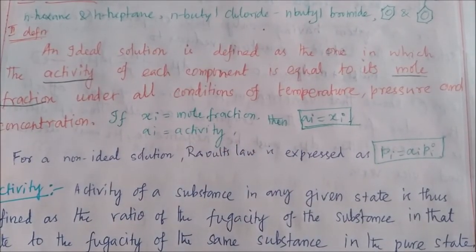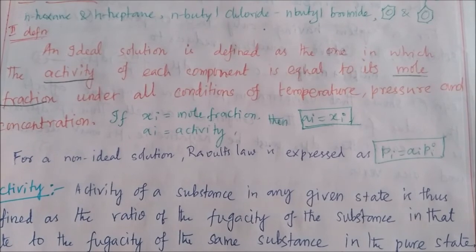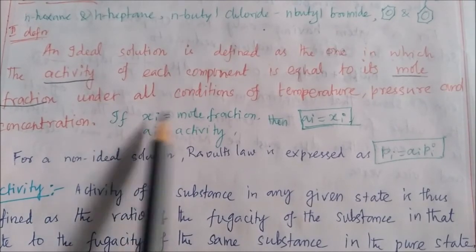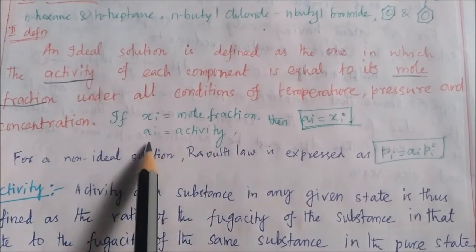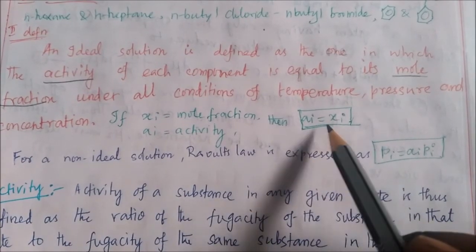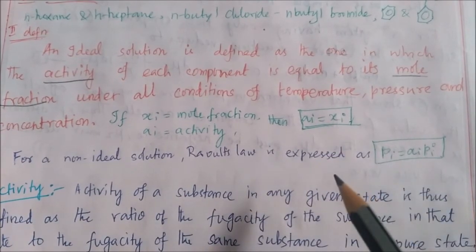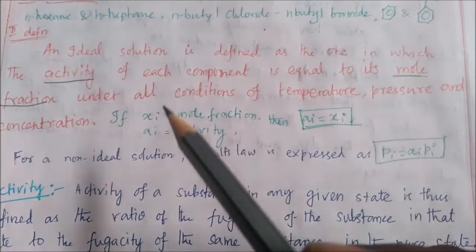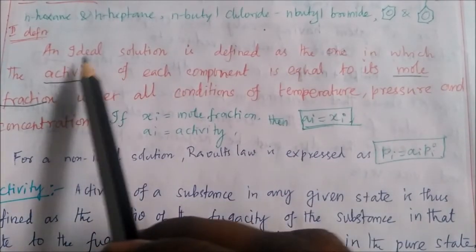This lengthy sentence may be converted into an equation. If Xi is the mole fraction of the chemical and Ai is the activity of the chemical, then Ai is equal to Xi. This is another definition for an ideal solution.